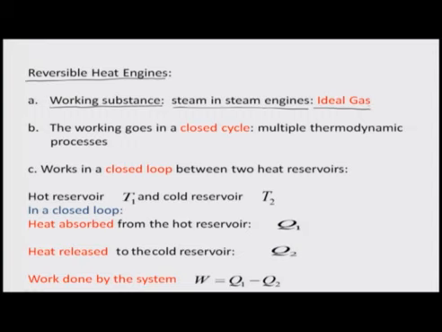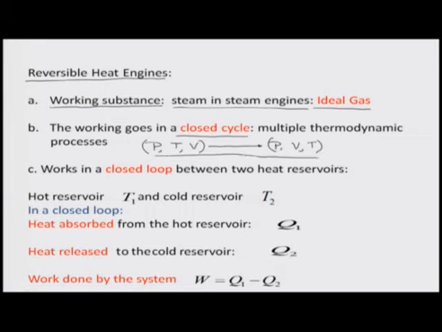It works in a closed cycle. What does it mean? If I start from P, T, V, these are my initial thermodynamic variables. At the end of one cycle, I should come back to P, V, T. I start from initial values of pressure, temperature and volume, and my final values should also be the same P, T and V. This is a cycle.